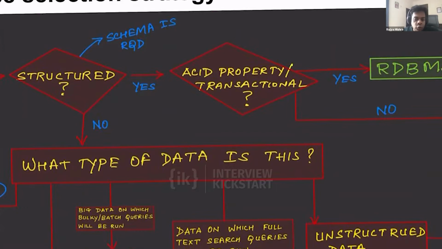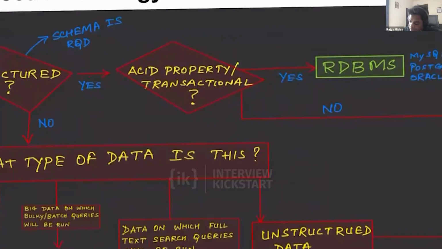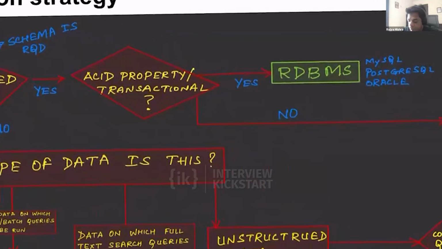Whenever you want to update the balance for an account or whenever you want to purchase a ticket, you want transactions. And of course the schema is always fixed in those cases. So in that case, RDBMS becomes your choice, like MySQL, Postgres, Oracle.